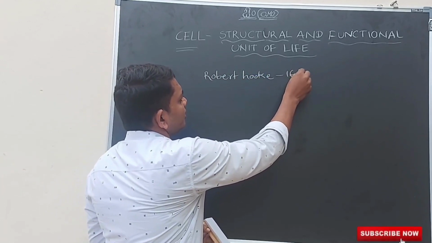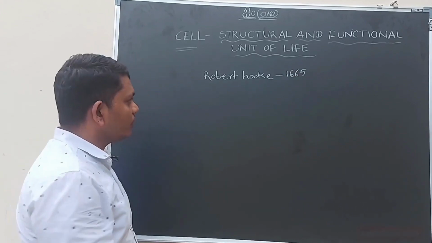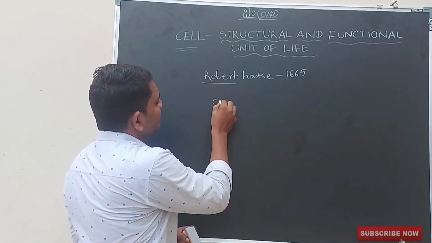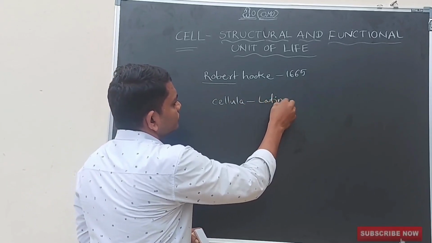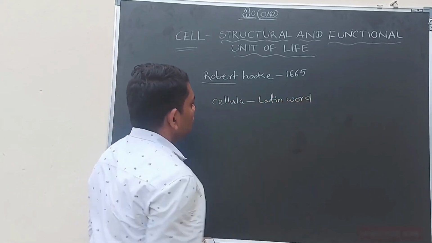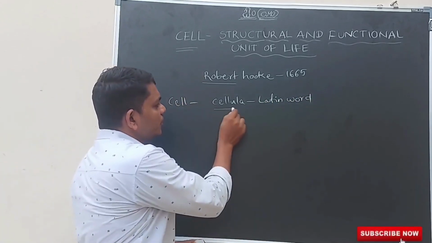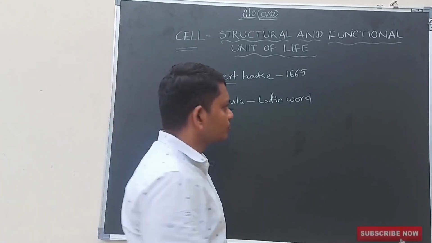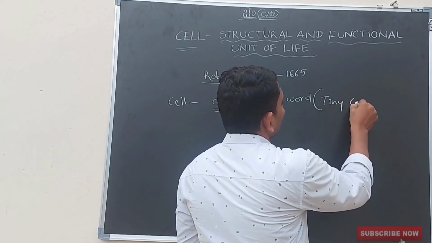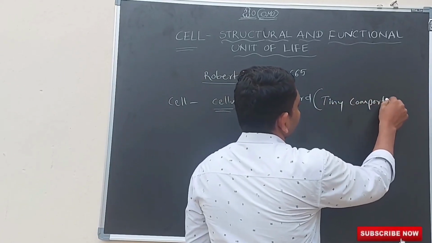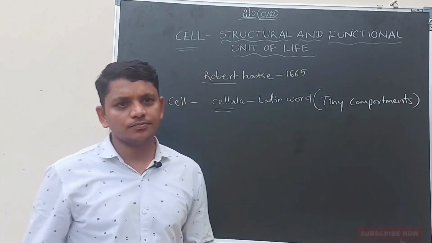In 1665. The word cell comes from the Latin word cellula, which means tiny compartments or small chambers.